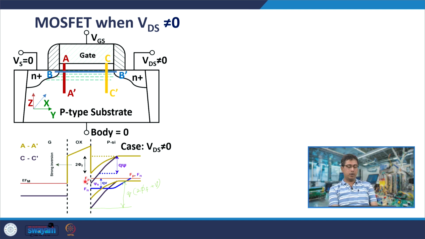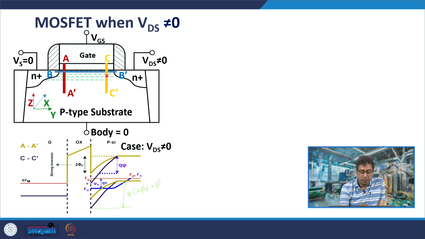What about electron concentration? Suppose the channel is inverted. We will relax this condition of the channel being inverted from B to B prime, but right now let us consider that the channel is inverted from B to B prime. Then, as you move into the depletion region from the body, from C prime towards C, you would find that the electron concentration exponentially increases as you move towards this interface, as we had discussed in the previous slide.